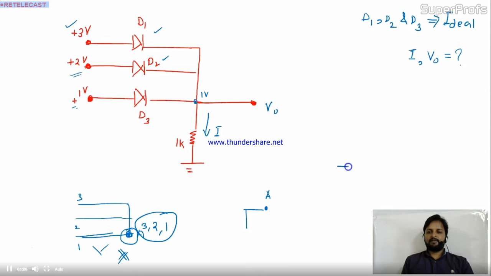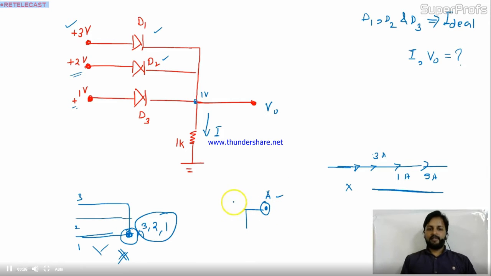It's similar to having one circuit in which you have 3 ampere, in that circuit 1 ampere, in that circuit 9 ampere. Is it possible? No, this is not possible. In a single branch, you can have only one current. Similarly, at a single node, you can have only one voltage, right? So this condition is a fault condition.